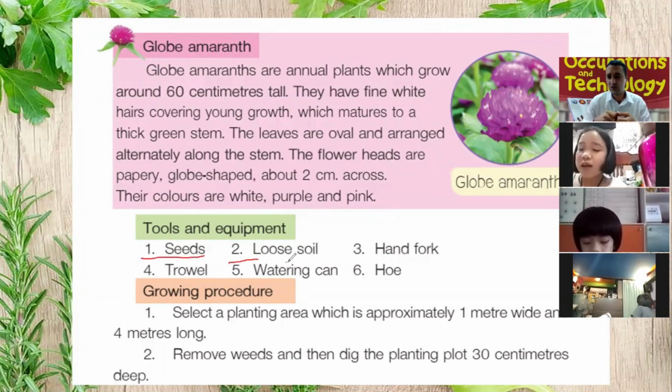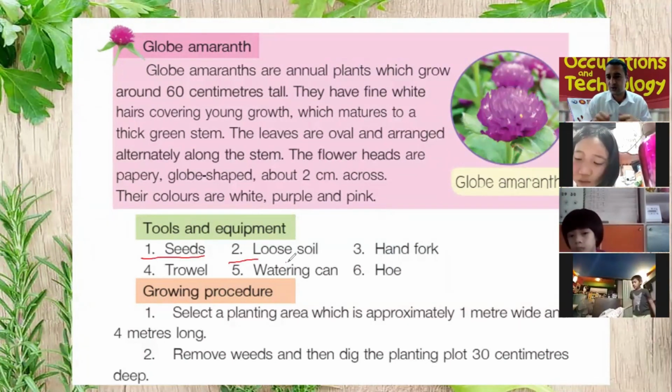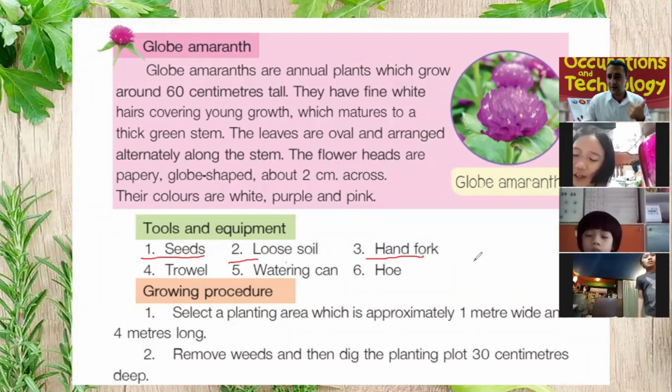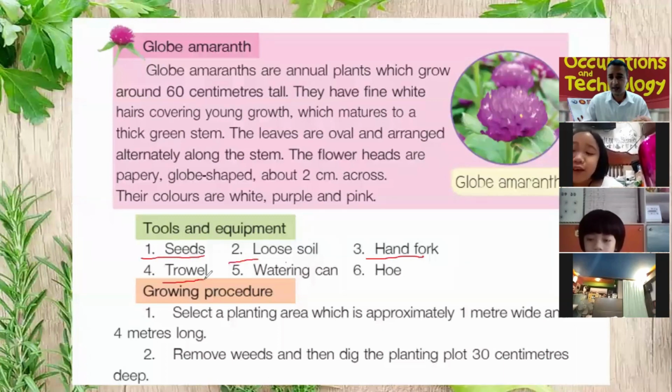With the help of those tools, we will first make the soil softer, make it loose, all right? Third, we require a hand fork, right? So the hand fork we require to loosen the soil, and we also require a trowel. Number 5, we require a watering can. So the watering can we usually use after we plant the seeds, right?